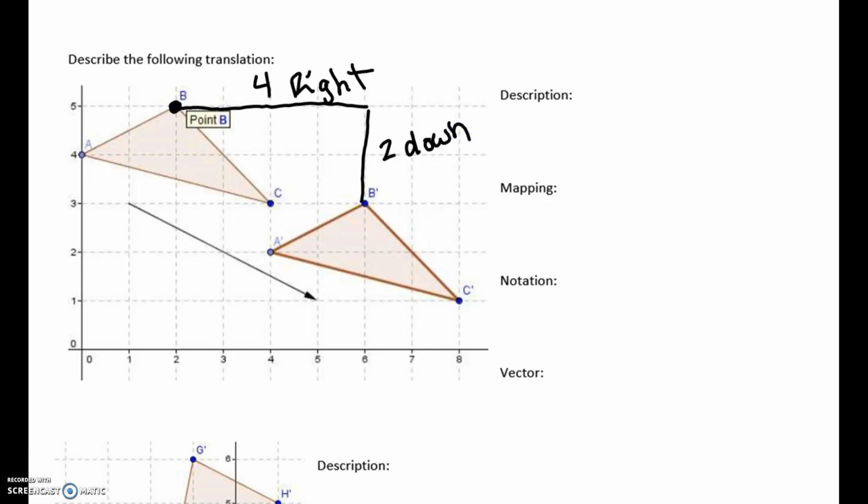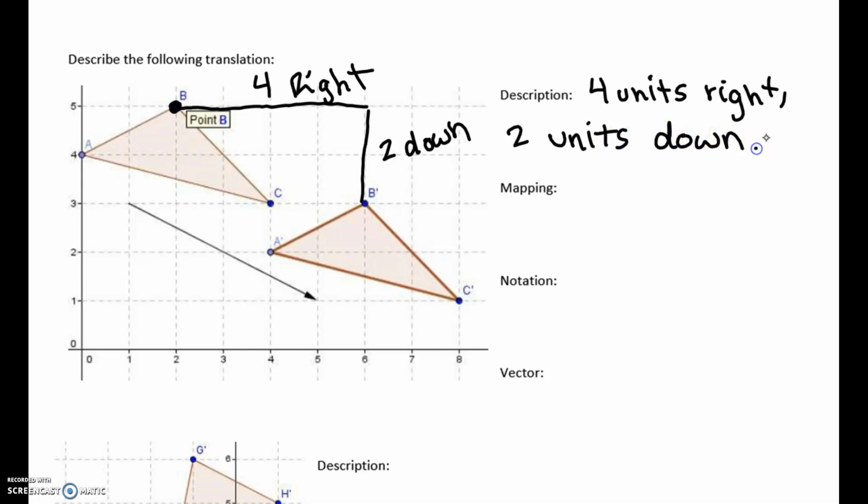So that means my verbal description is 4 units right, 2 units down. If we were to write the mapping notation, that's x comma y becomes, well, right is a positive change for x, so x + 4, comma, down is a negative change for y, so y - 2.